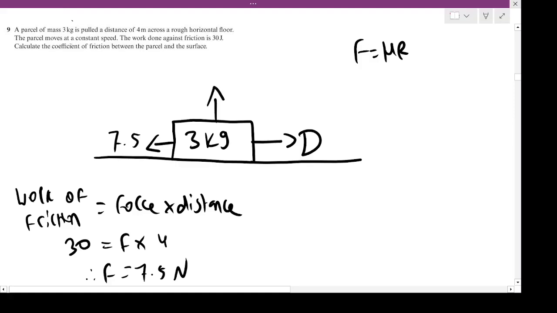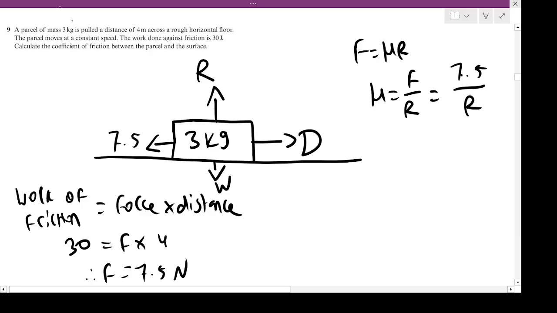The reaction force acts here, I'll call that R. But then there's the weight force W as well. So those are my standard forces. If I divide by R, mu is F divided by R. We know the friction is 7.5, but we need to find the reaction force. So how are we going to do that?